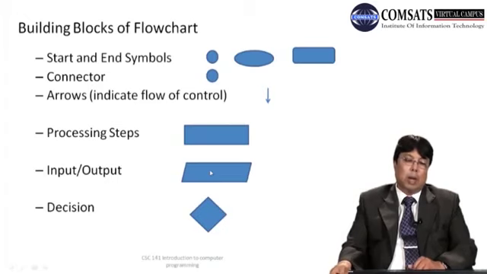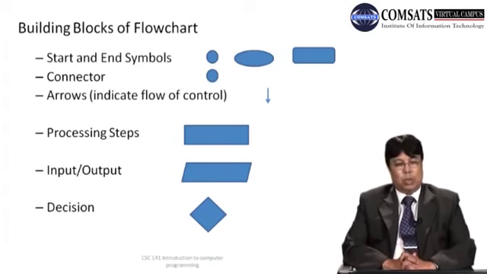Next is the parallelogram, which represents input and output. You can represent input and output in your flowchart by using this parallelogram, which is like a rectangle, but it has parallel sides. The lines are parallel to each other.